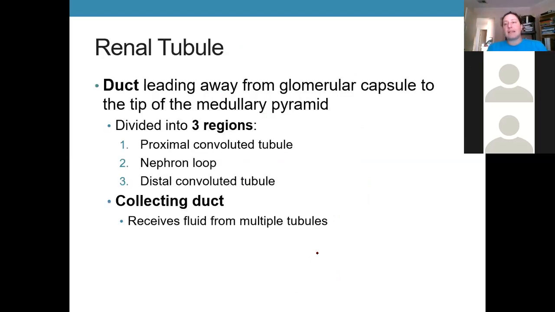A tubule is a tiny duct. Tubule just means small tube, so it's a duct that leads from the glomerular capsule to the tip of the medullary pyramid. It's just this long weaving tube that makes urine. We divide the renal tubule into three regions: the proximal convoluted tubule, which we abbreviate PCT, the nephron loop, and the distal convoluted tubule.